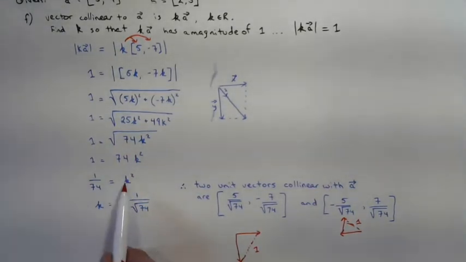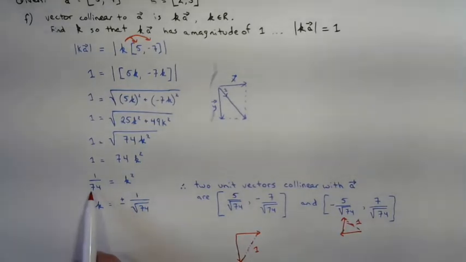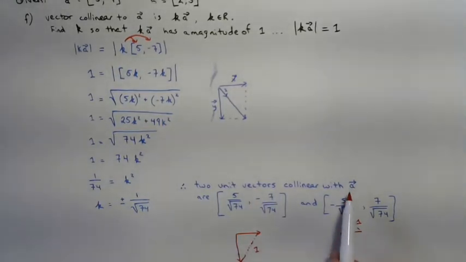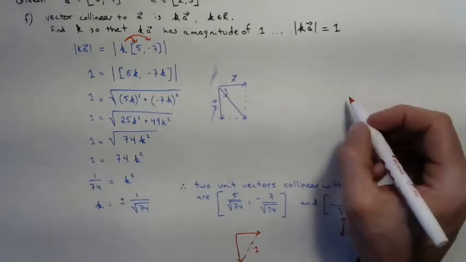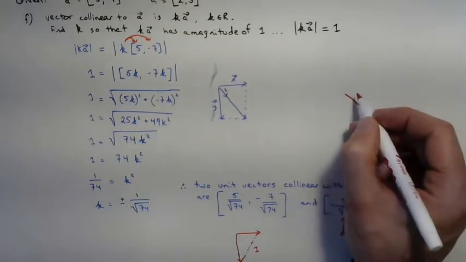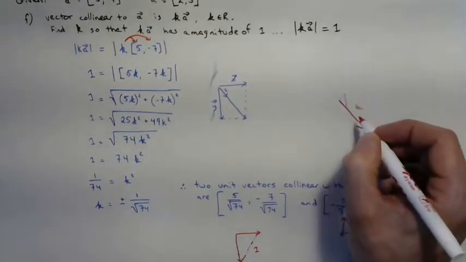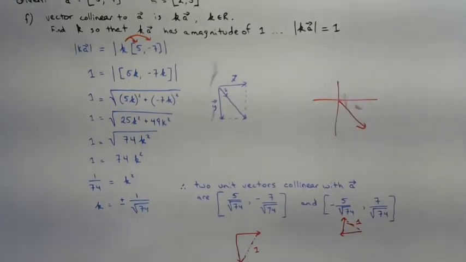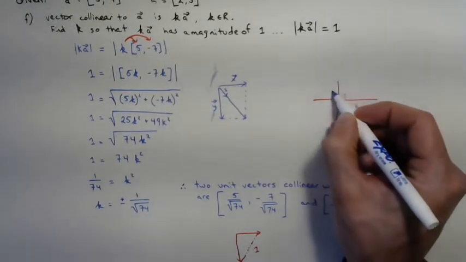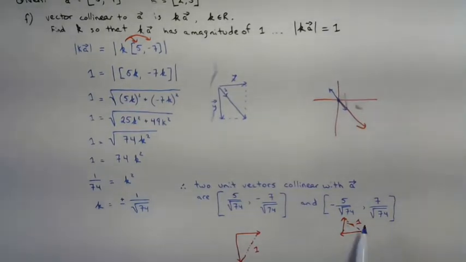We ended up with k squared equals 1 over 74. When we took the square root of that, we were going to end up with a positive value and a negative value, which gave us 2 possible unit vectors that were collinear with A. If A might look something like that, the 2 unit vectors that are collinear are of 1 unit in each direction. And that's what we have here.